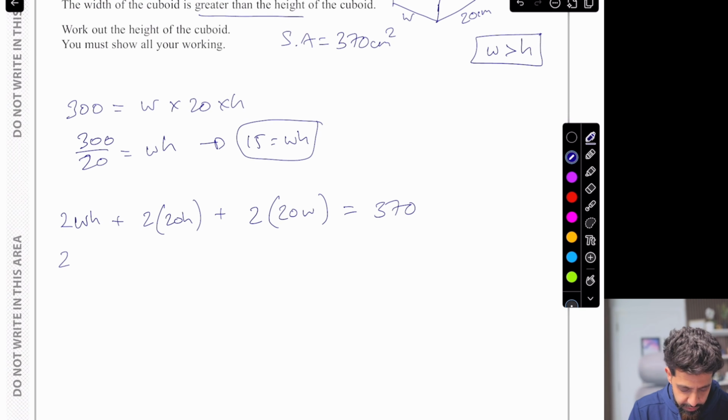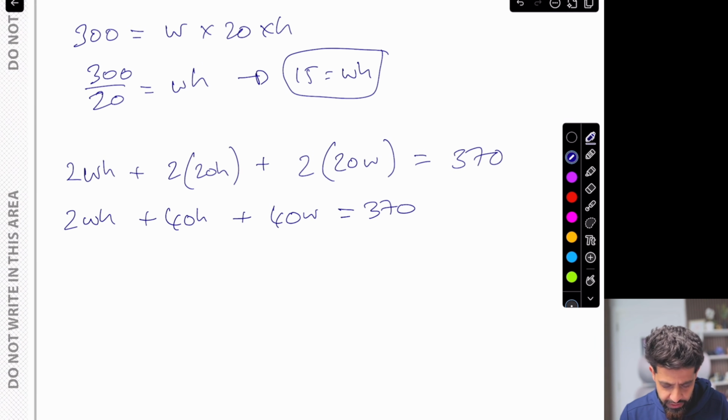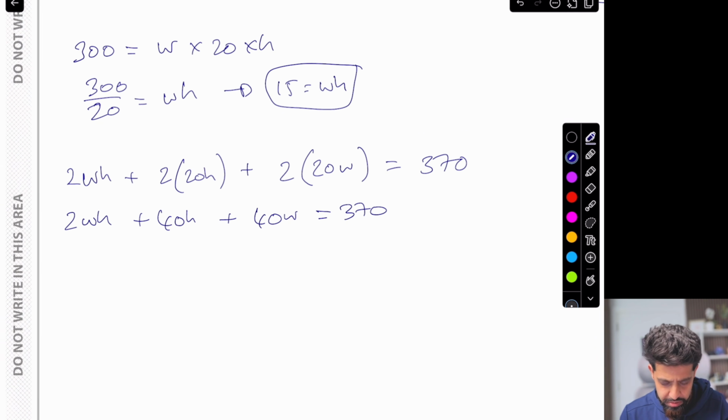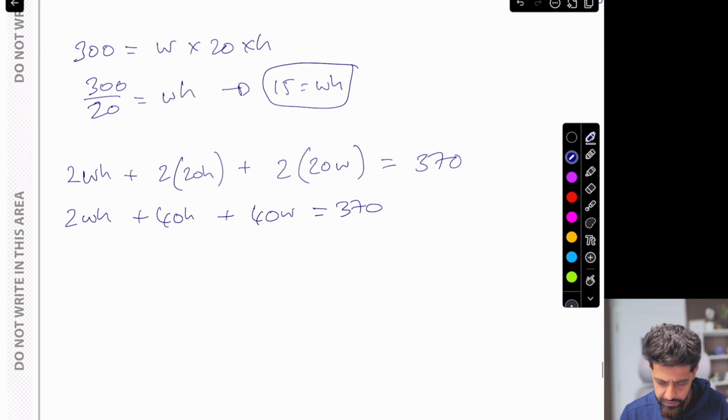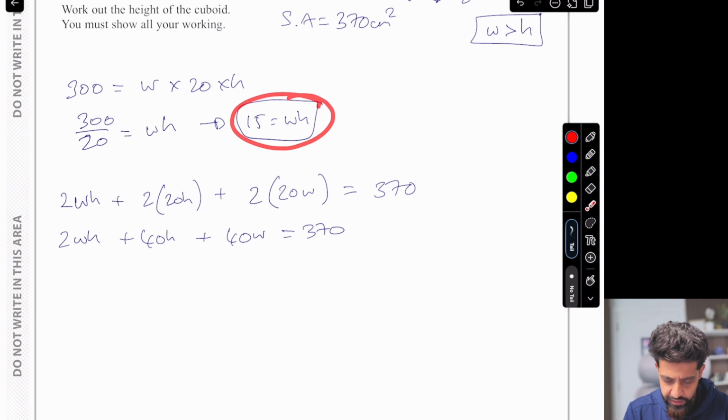Let's go tidy this up. So 2WH plus 40H plus 40W is equal to 370. All right, do we have any like terms to collect? Nope, not right now. Okay, so we have this situation now, but we are told from earlier that 15 is equal to WH. We've got WH right there, so we can replace that with a 15.